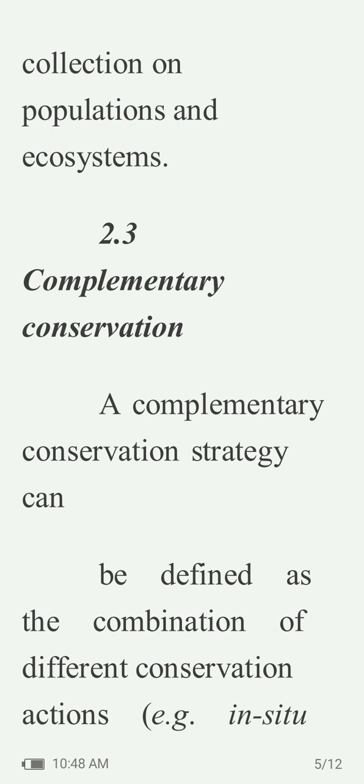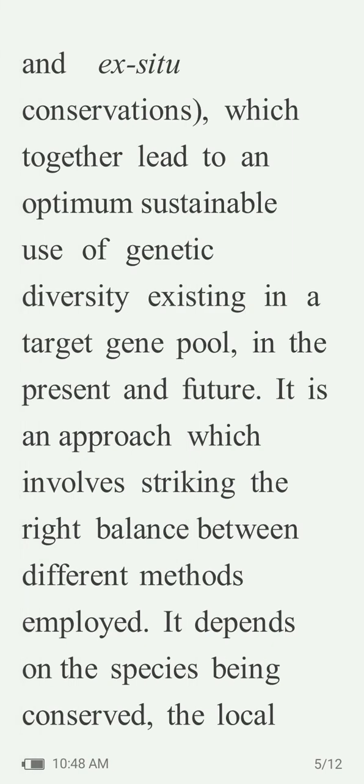A complementary conservation strategy can be defined as a combination of different conservation strategies, like in situ and ex situ conservation, which together lead to an optimum sustainable use of genetic diversity existing in a target gene pool in the present and future. It is an approach which involves striking the right balance between different methods employed.